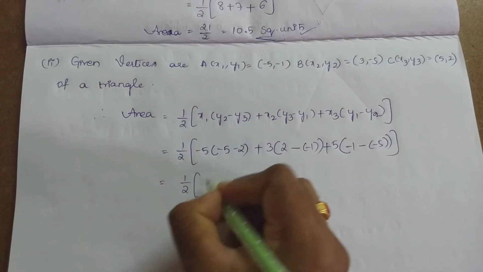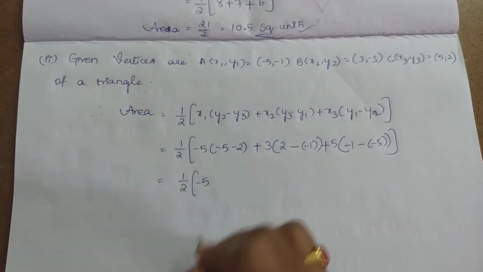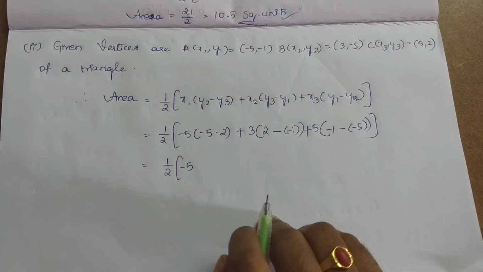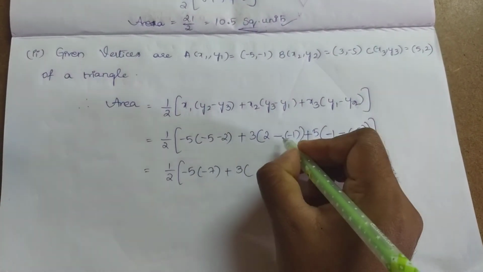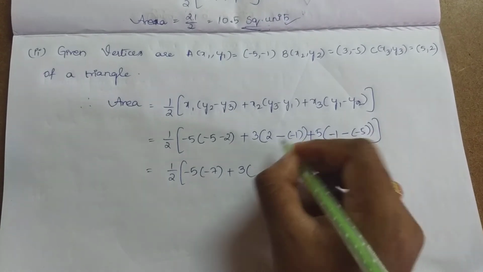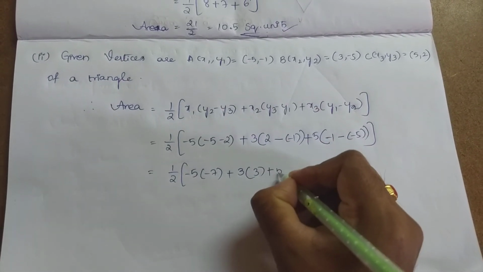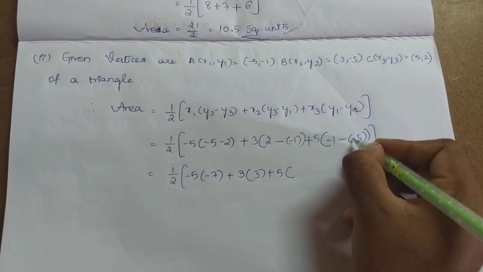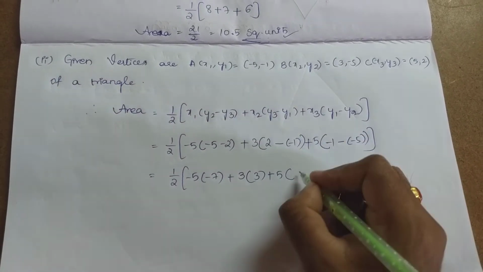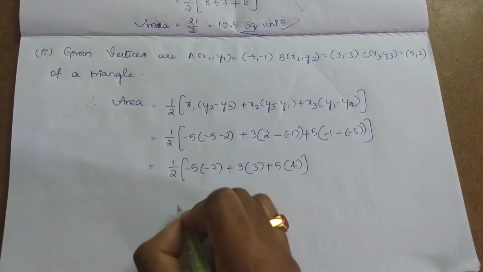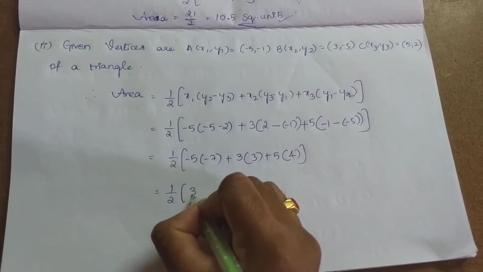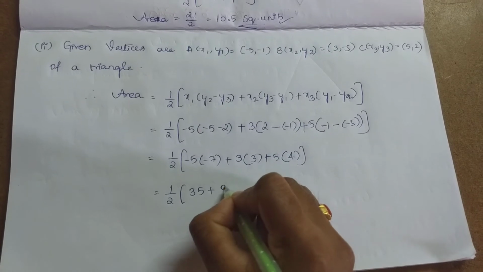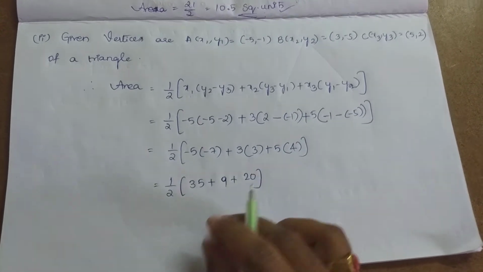So 1 by 2 into, minus 5 minus 2 becomes what? Minus 7. So minus 5 into minus 7, plus 3 into, minus becomes a plus, so 2 plus 1 is 3, plus 5 into, minus becomes plus, so minus 1 plus 5 becomes 4, correct? So 1 by 2 into, minus becomes plus, so 7 fives are 35, plus 3 threes are 9, plus 5 fours are 20, correct?